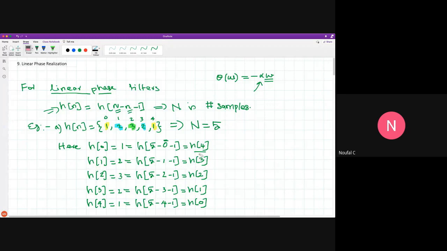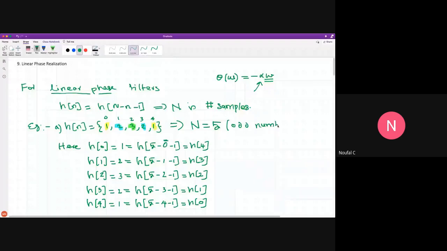That is the property of a linear phase filter. If that property is obeyed, then we can have some improvements in the structure realization. This is the case when I took N equal to 5, where 5 is an odd number. Let me write that down, because it has some significance.